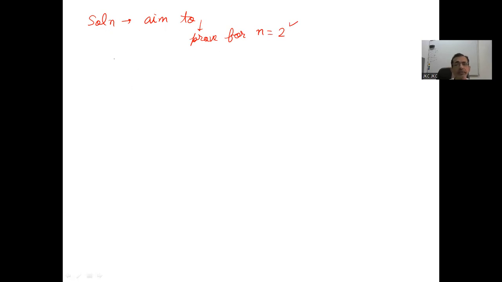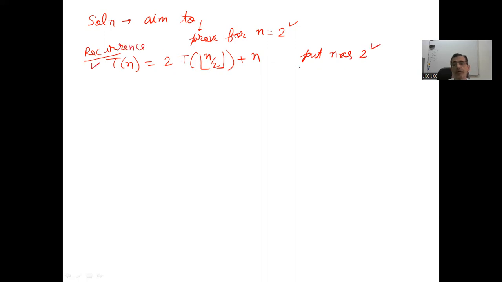N equal to 2 will mean, in general, the recurrence relation definition applicable, 2T(n/2) floor plus n. So put n as 2, because this relation is applicable for n greater than 1. Recurrence relation is applicable for n equal to 2.